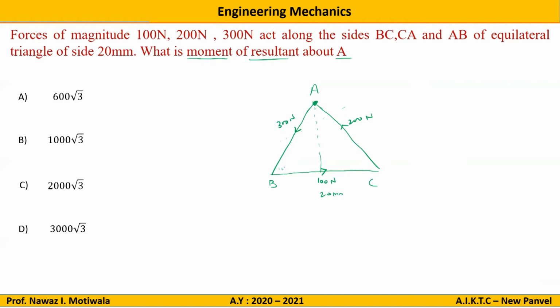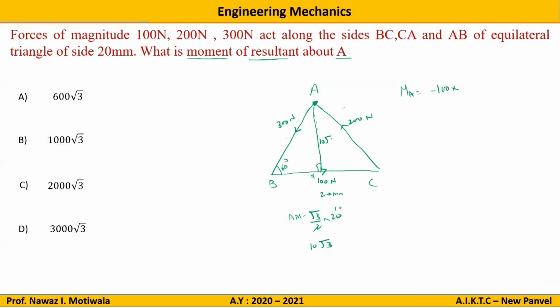So let me take the moment of all the forces about A. These two forces pass through A, so their moment is 0. So the only moment will be by this one. So the moment at A is equal to minus of 100 into the perpendicular distance we want. We know that this angle is 60 degree. So the side opposite to 60, let us say this is AM, is root 3 by 2 of the hypotenuse. The hypotenuse is 20, so it will be 10 root 3.